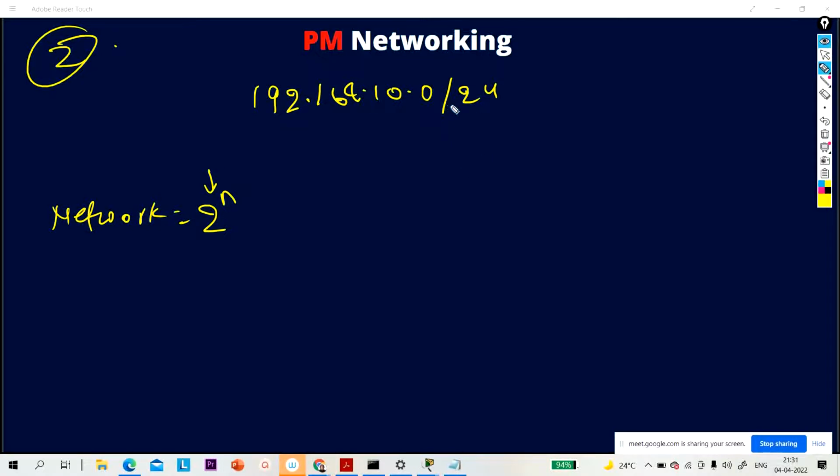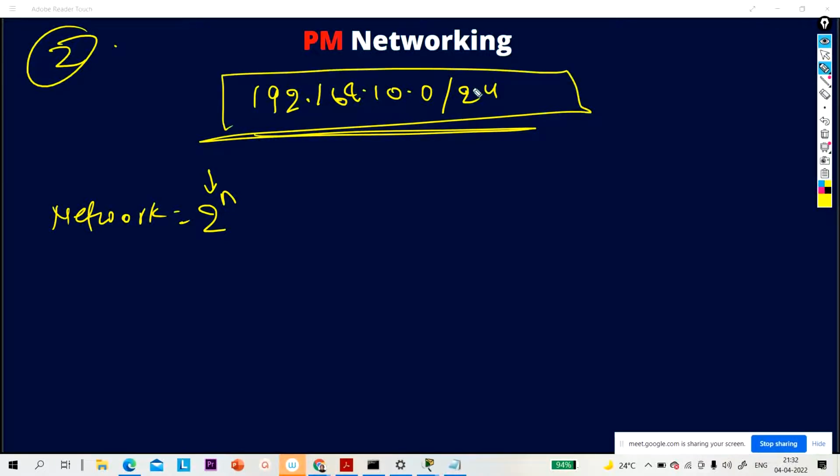So how many bits have you borrowed in this IP address? If I am using /24, none, 0. So 2 to the power 0 is 1. So this is a single network.